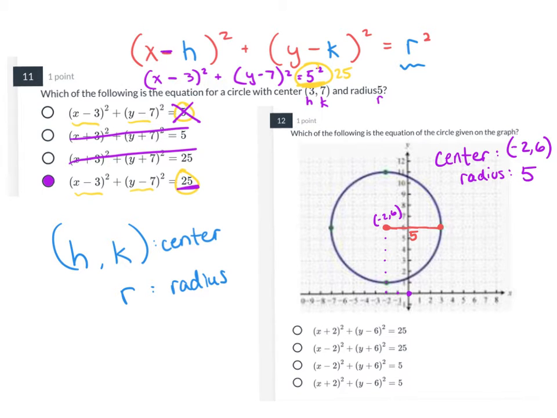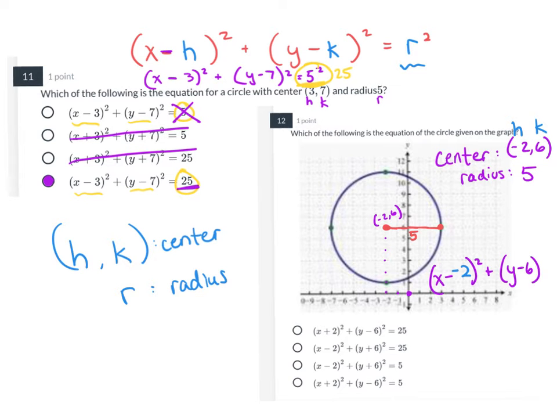So now that I have the center and the radius, I can do this problem just like the last one. I can say that it's got to follow the form that I see above. So it's got to be X minus H. So our H and K are right here. H is a -2. So X minus -2 squared plus Y minus K. K is a +6.